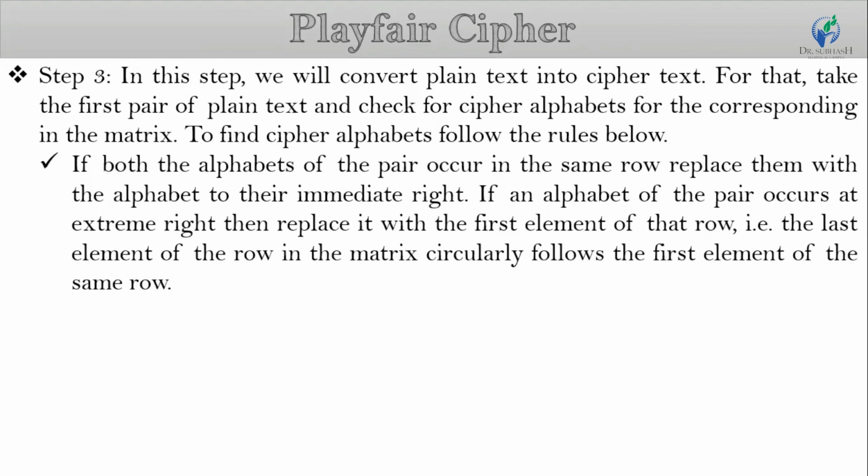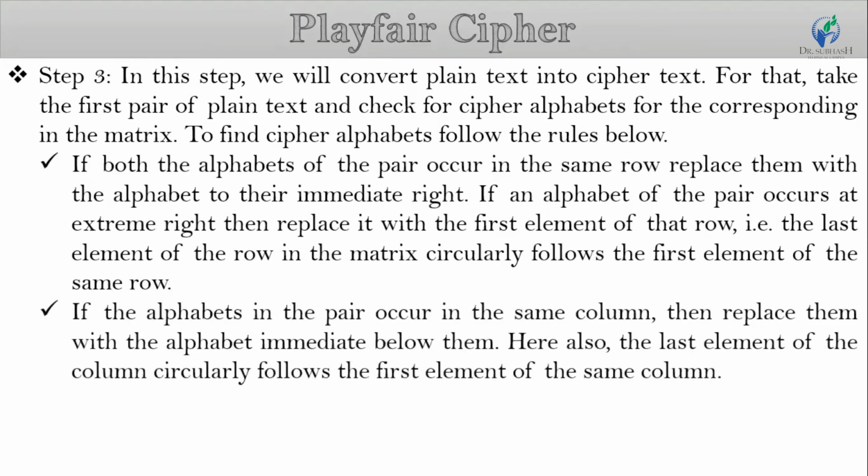Second instruction is if the alphabets in the pair occur in the same column, then replace them with the alphabets immediately below them. Here also the last element of the column circularly follows the first element of the same column.